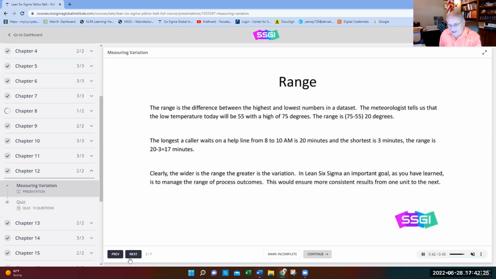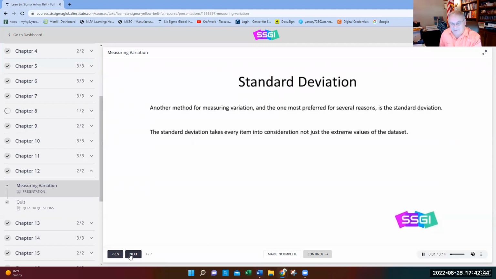And we've learned that if we want to shorten that range, if we want to get it within the same stability, it's probably going to have to be something we spend money or time on to inspect it, or more data collection to make sure that we are staying within that range. Standard deviation is the most preferred for several reasons.